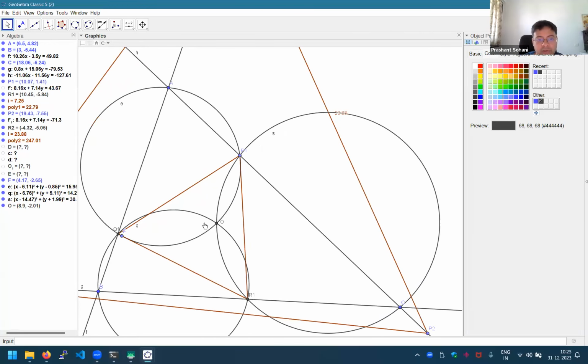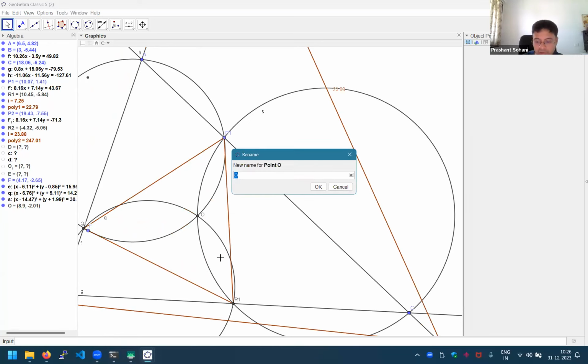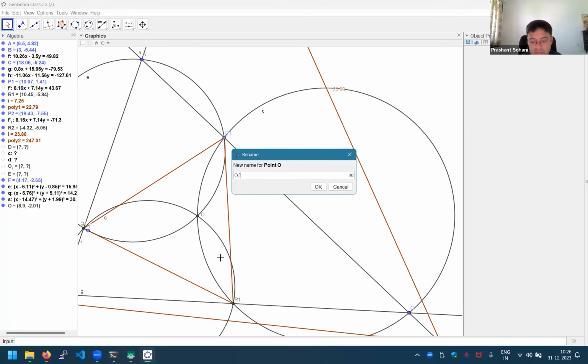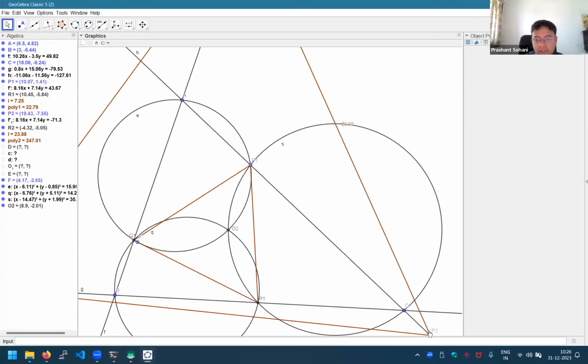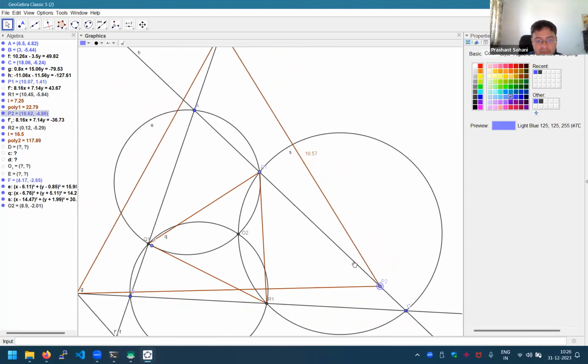And now what will happen? Actually I already had called another point O, so let me call this point O2 temporarily. Okay. And now observe what is happening. I deliberately had taken the point P2 very far away, but let me bring it back into the diagram.